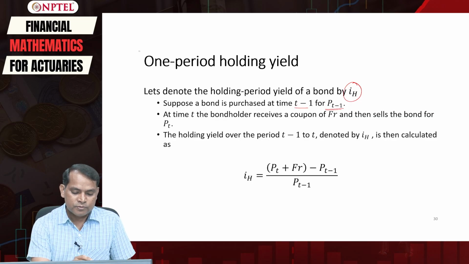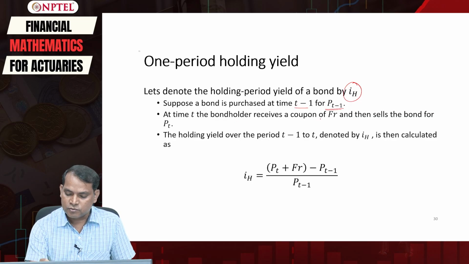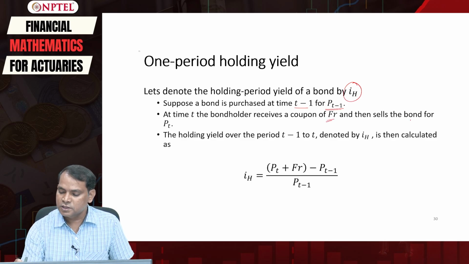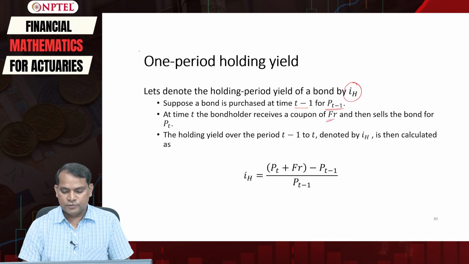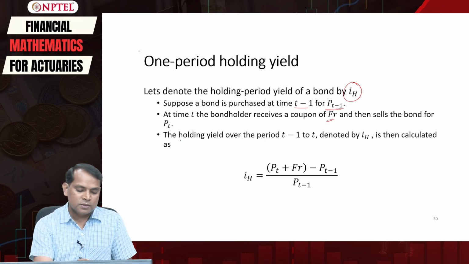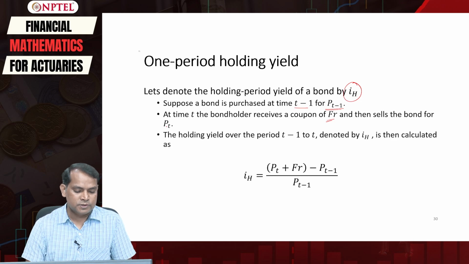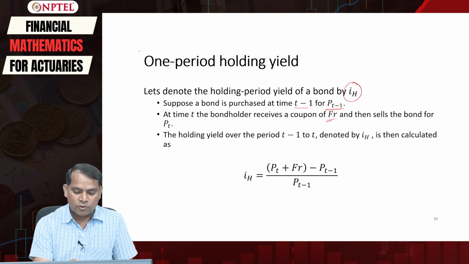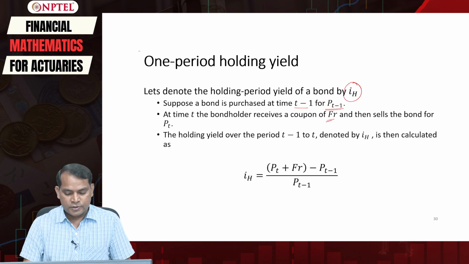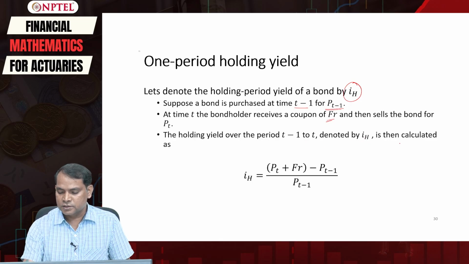At time t, the bondholder receives a coupon of Fr and then sells the bond for P_t. So he will get a coupon of Fr and also sell the bond at price P_t at time t.